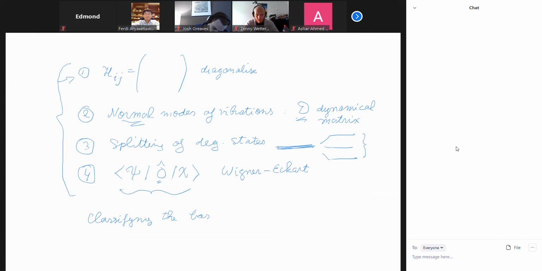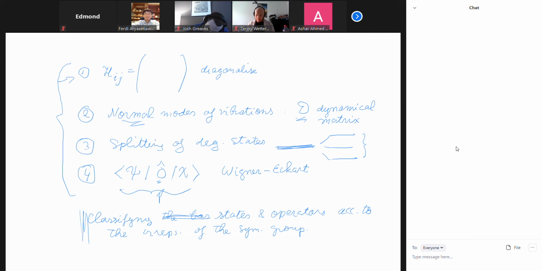Maybe I should just say classifying states, and operators also in the case of the Wigner-Eckart theorem, according to the irreducible representations of the symmetry group. This is basically the basic thing that we have to do in all of these problems.